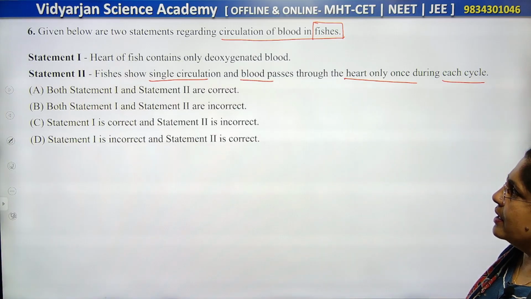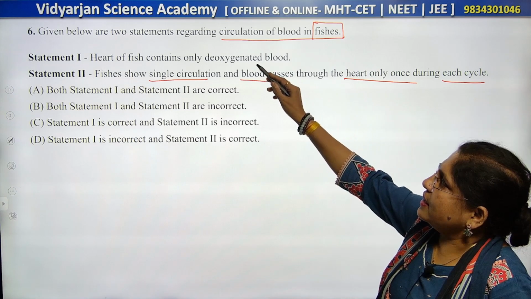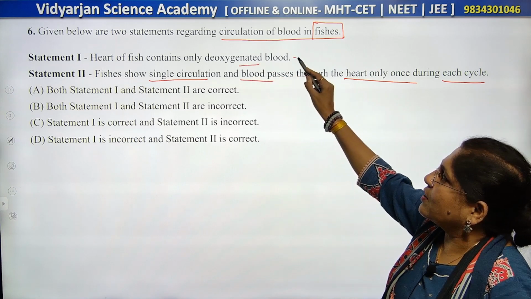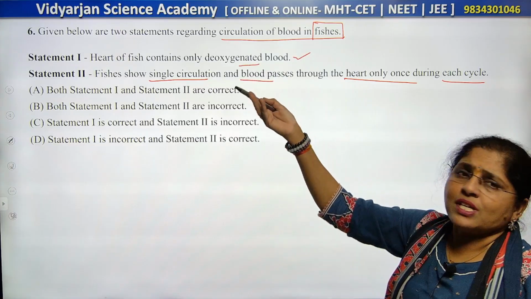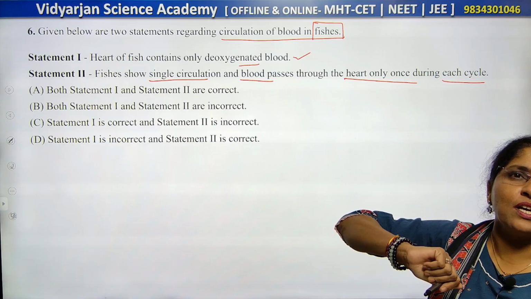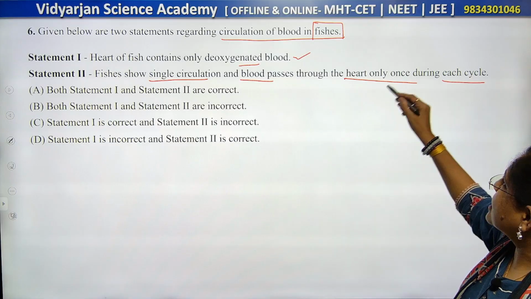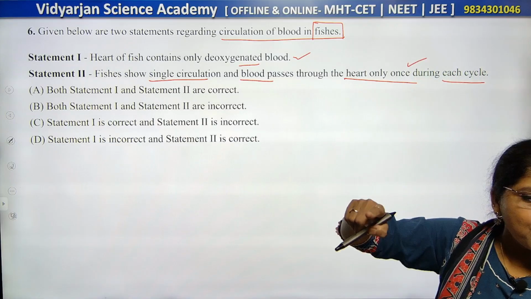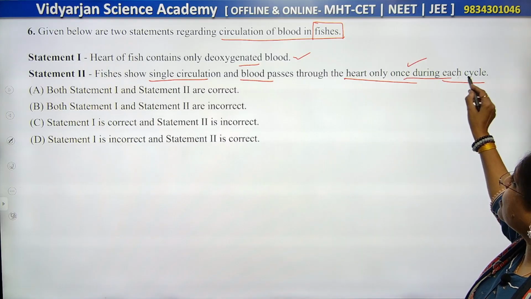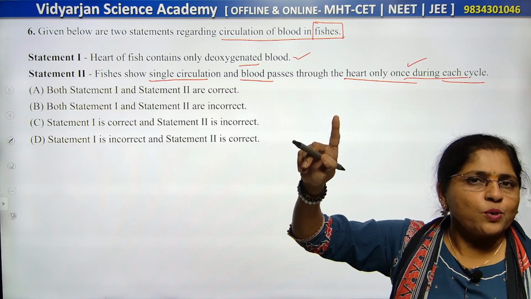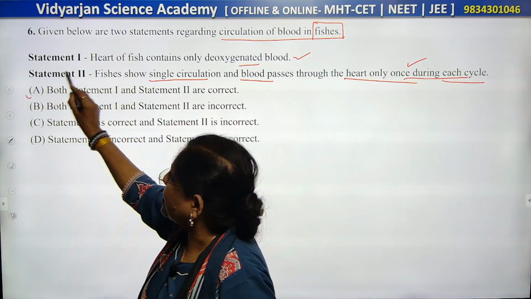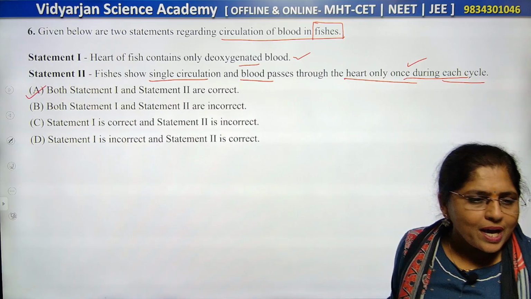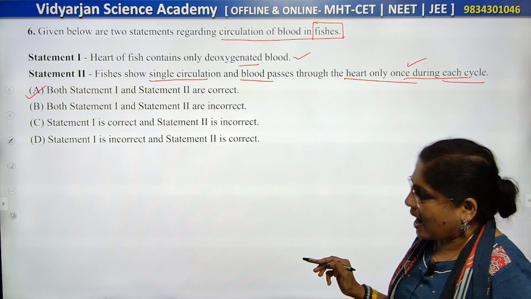The answer here is, obviously, the heart gives only deoxygenated blood in case of fish. Very correct. Fish show single circulation, so this is also correct, and during each cycle blood passes only once. So what should be your answer? Both statement 1 and statement 2 are correct.